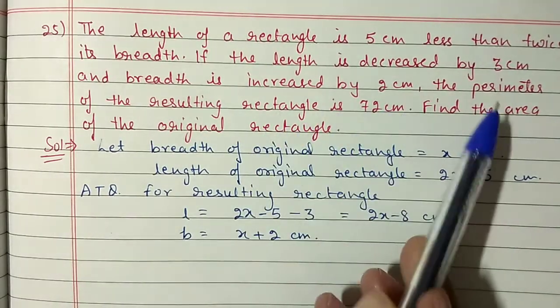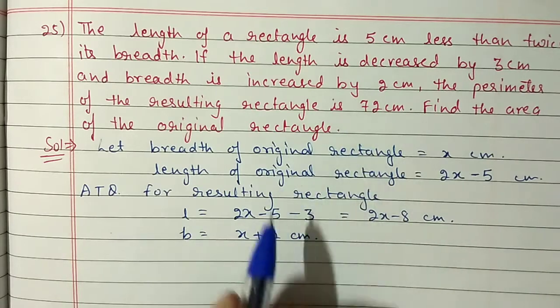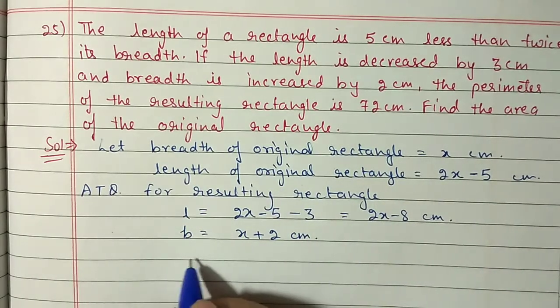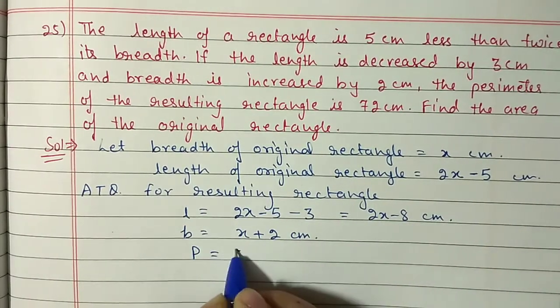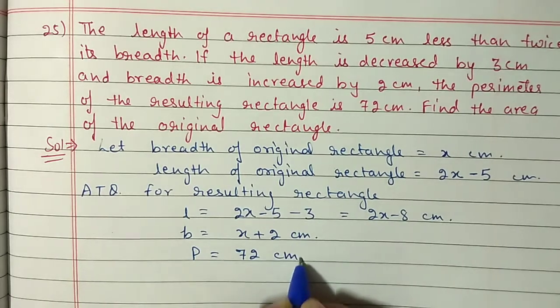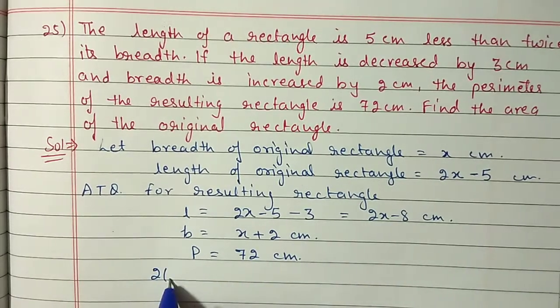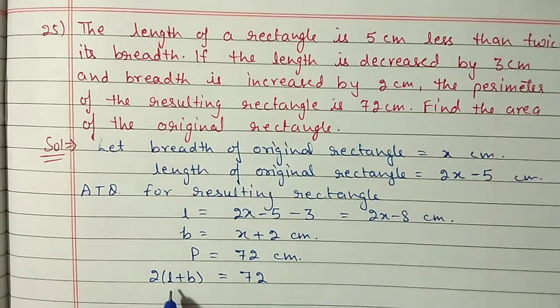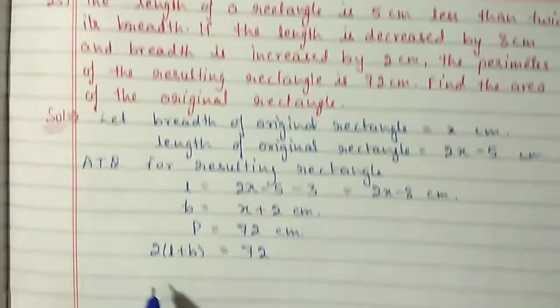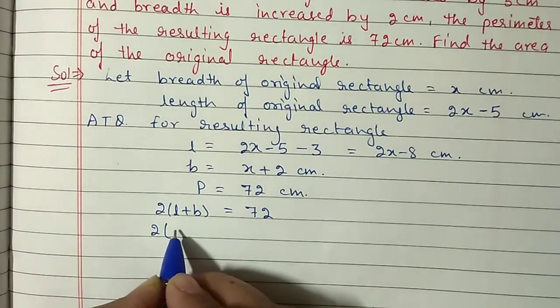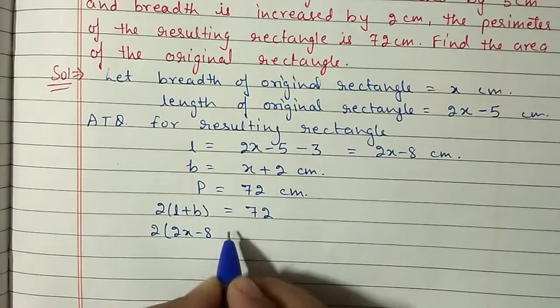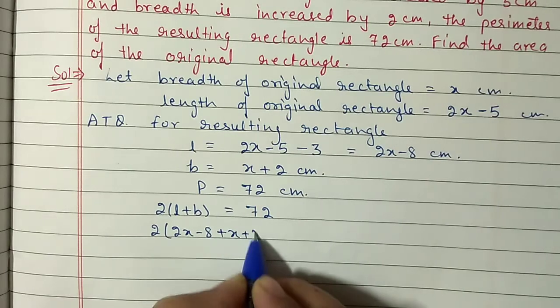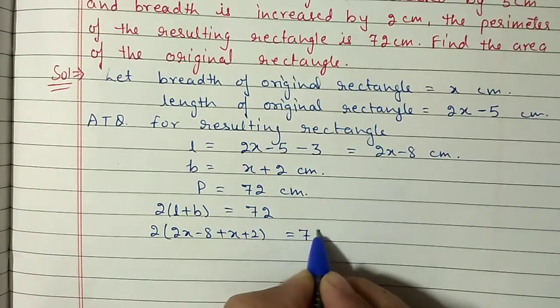Now the perimeter of the resulting rectangle is 72 centimeters. We will use the perimeter formula. The perimeter is given as 72 centimeters. The perimeter formula is 2 times L plus B equal to 72. We can substitute the L and B values: 2 times length 2x minus 8 plus breadth x plus 2, equal to 72.